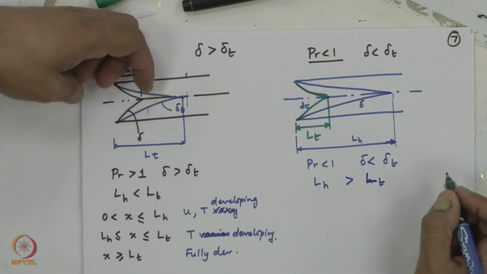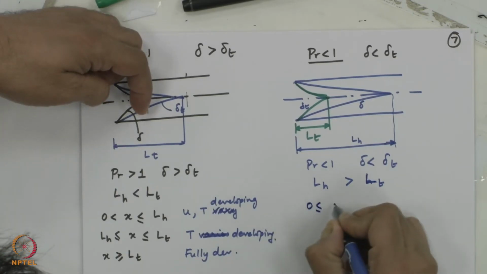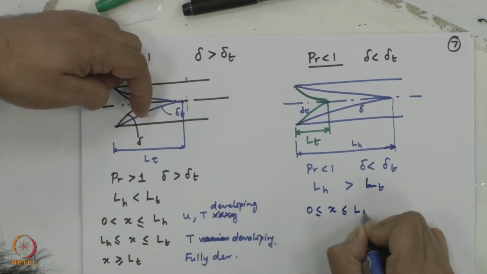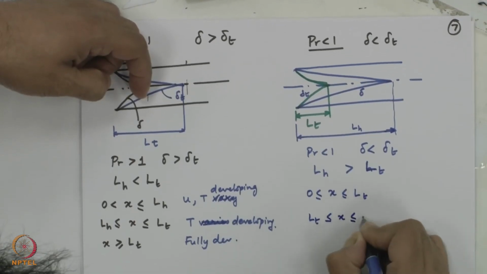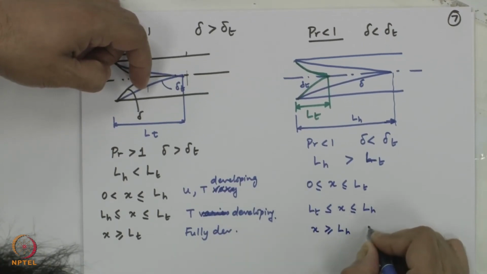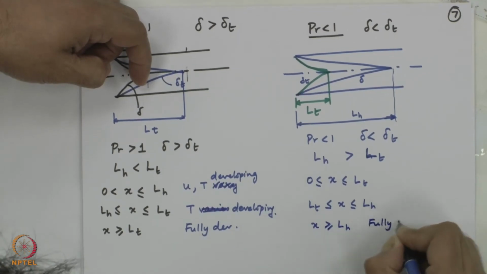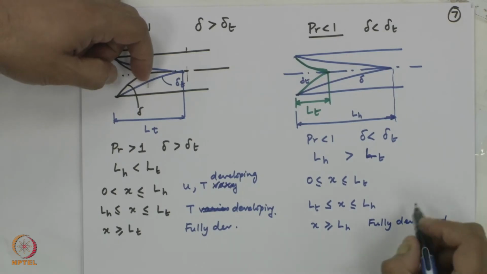LH is greater than LT, and if I have to split the region, I have to split it as 0 less than or equal to x less than or equal to LT, LT less than or equal to x less than or equal to LH, x greater than or equal to LH, fully developed both hydrodynamically and thermally.